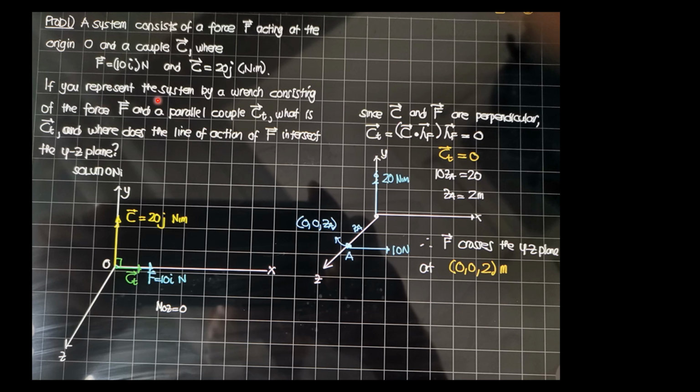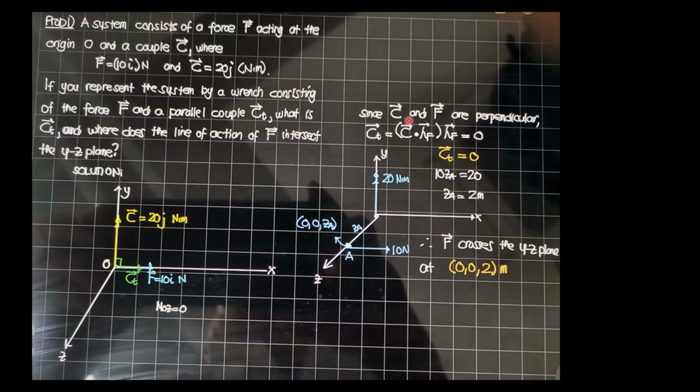If you represent the system by a wrench consisting of the force F and a parallel couple C sub T, what is C sub T and where does the line of action of F intersect the YZ plane? As mentioned earlier, there's no wrench involved because C sub T would definitely be 0, because if you obtain the dot product of C with the force, then it is 0 because the angle between them is 90 degrees.